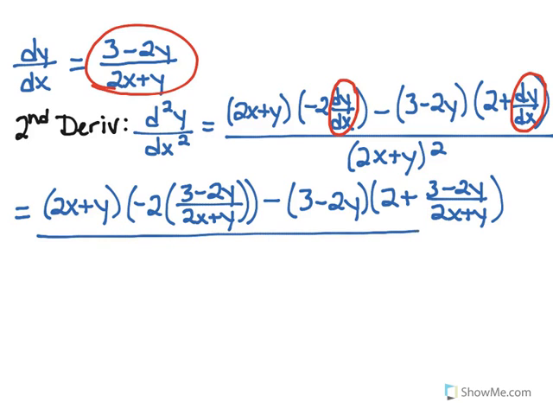Again, all over (2x plus y) quantity squared.